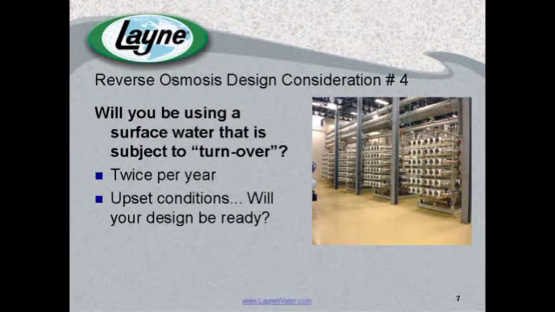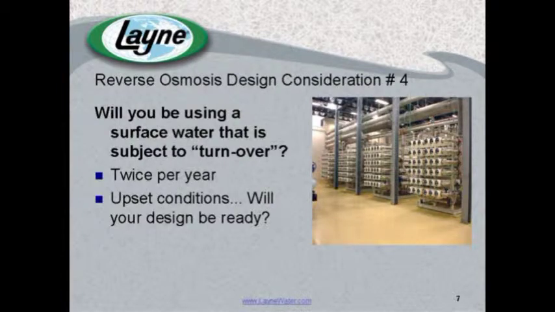When water passes through that maximum density point and the lake or river turns over, which means that the water on the top of the body of water heads to the bottom and vice versa, typically there's a very high week or so of turbidity. And if you haven't accounted for it, you are going to be in for a world of surprise and hurt as your RO system begins to foul. So that is something you absolutely have to account for.